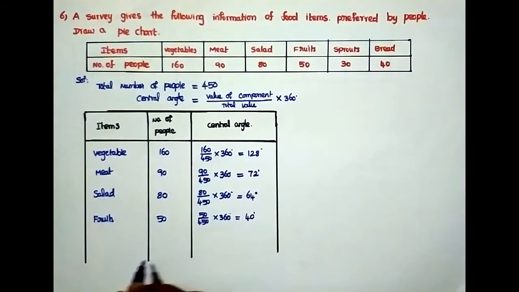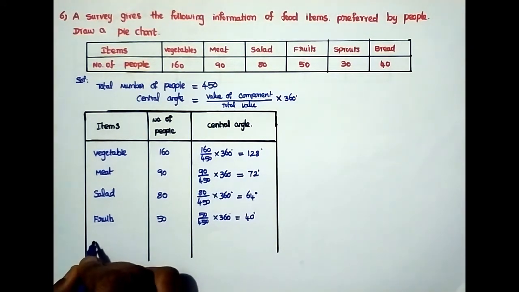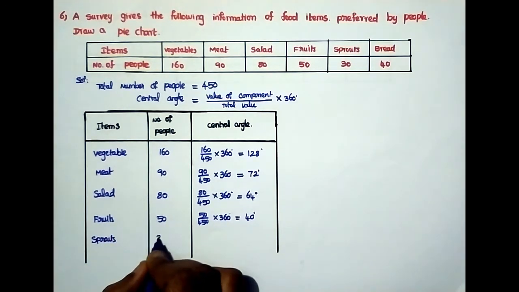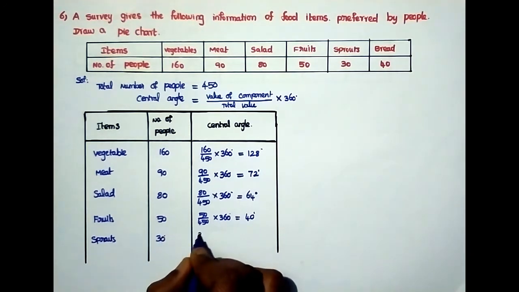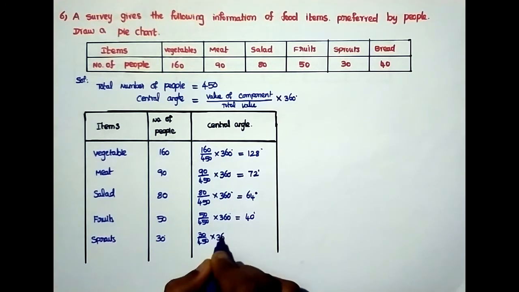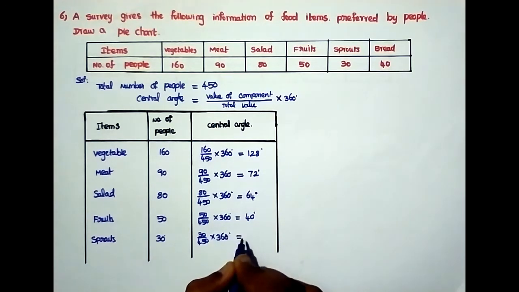Next one, sprouts, that is 30. So 30 divided by 450 into 360 equal to 24 degree.